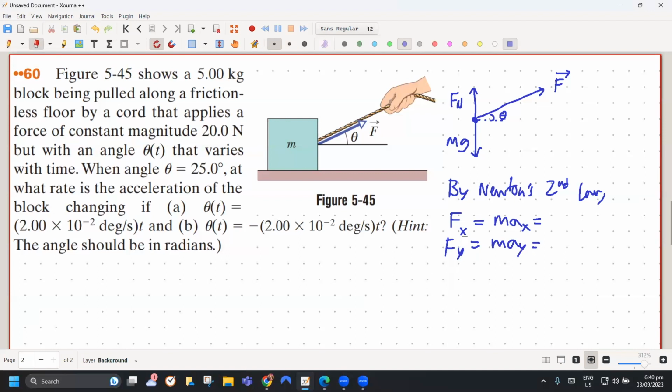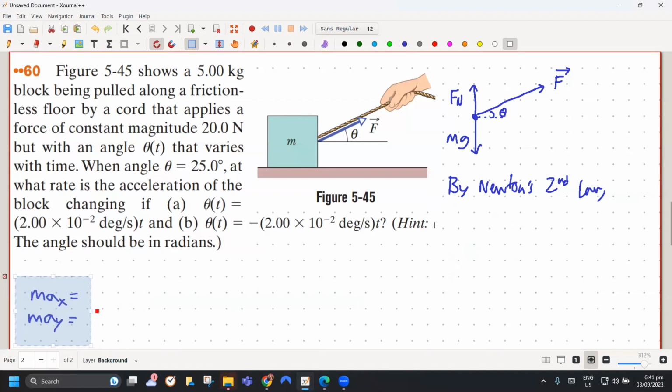So tingnan mo yung free body. Dapat max and then equal to, then use your free body diagram. Tapos I think iulong mo sa ilalim kasi masyadong masikip yung space.